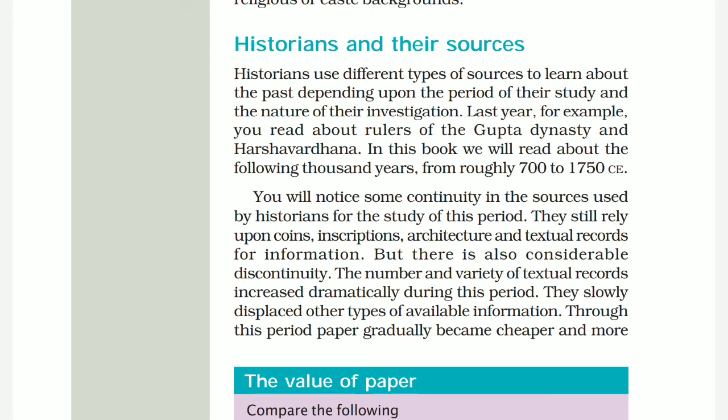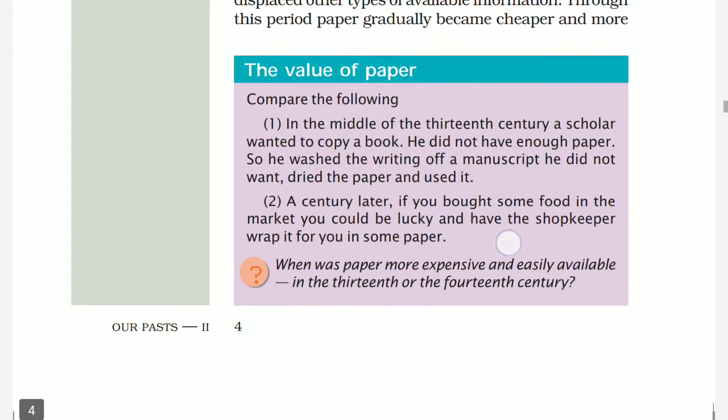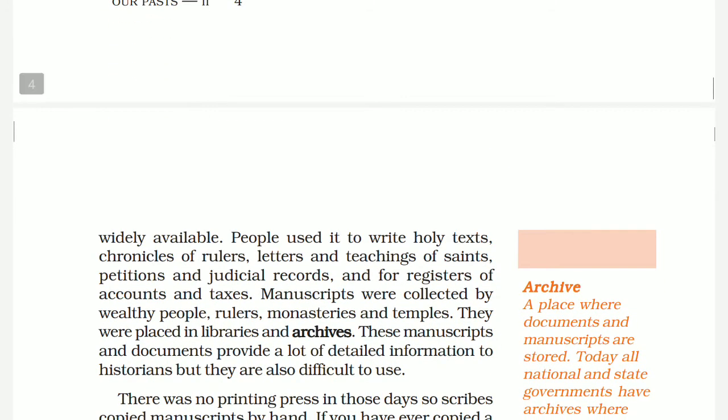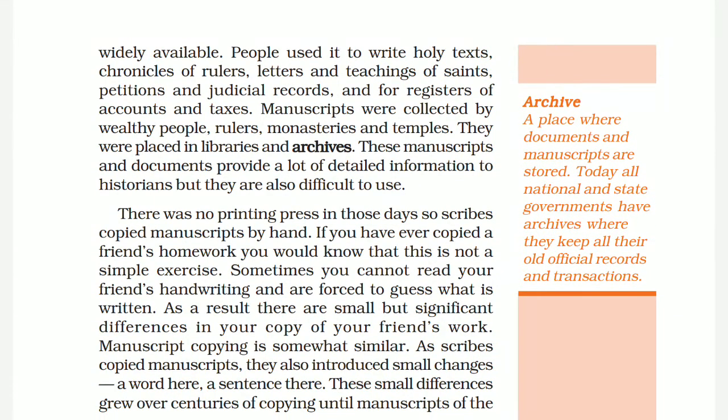But there is also considerable discontinuity. The number and the variety of textual records increased dramatically during this period. They slowly displaced other types of available information, as during this period paper gradually became cheaper and more available. People used it to write holy texts, chronicles of rulers, letters and teachings of saints, petitions and judicial records, and for registers of accounts and taxes.